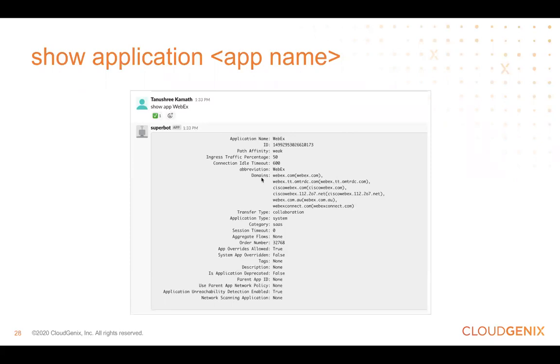You can see the different domains, the transfer type, the application type, and a bunch of other metrics. So this particular scenario, you can help debug. Maybe there's a certain domain in your custom application that you haven't captured appropriately. So you can come here, look at the application definition, and make edits accordingly.